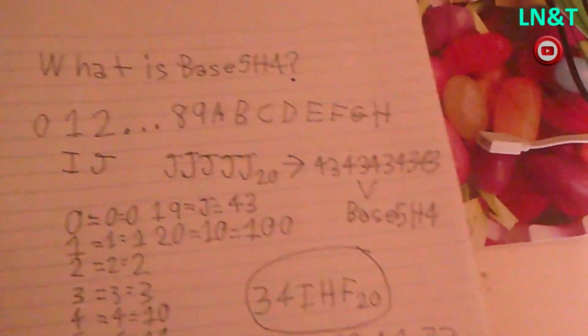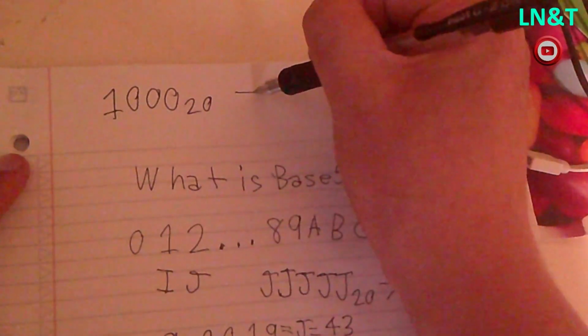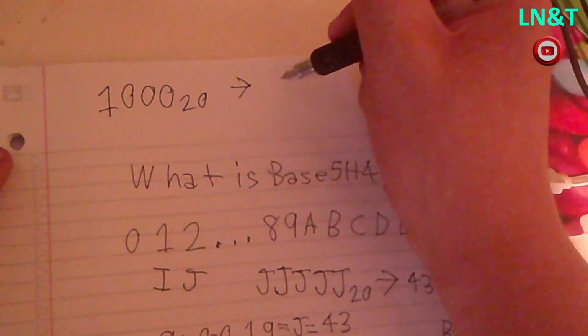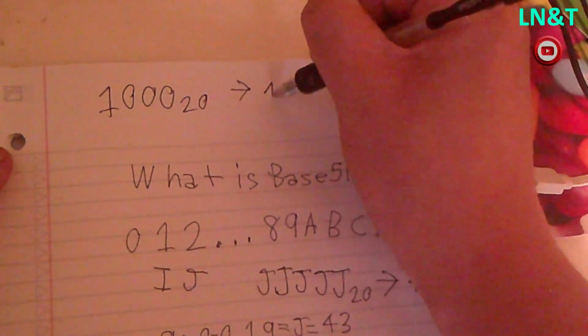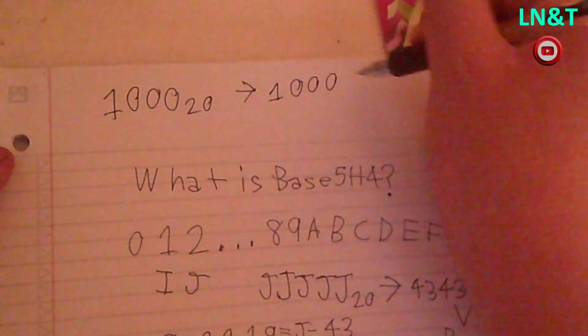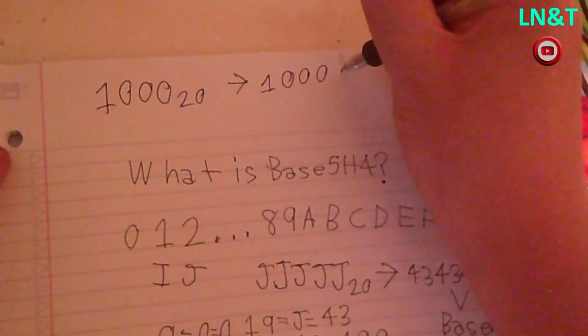Now, say you wanted to do 1,000 base 20. Right there. Base 5H4 would be 1 million. Because remember, 2 base 5H4 digits equals 1 base 20 digit.